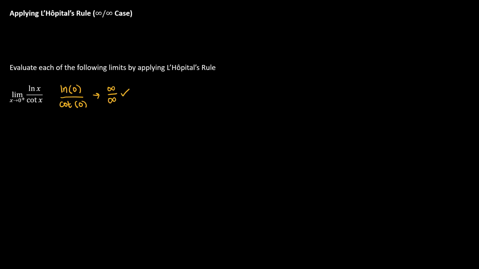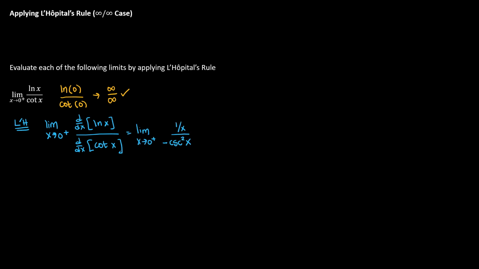And we do. ln of 0 is negative infinity. Cotangent x, when x is 0, also gives us an infinite value, so we're looking at infinity over infinity. We apply L'Hopital's rule, differentiating the top function and the bottom function separately. We get 1 over x in the numerator and negative cosecant squared x in the denominator.